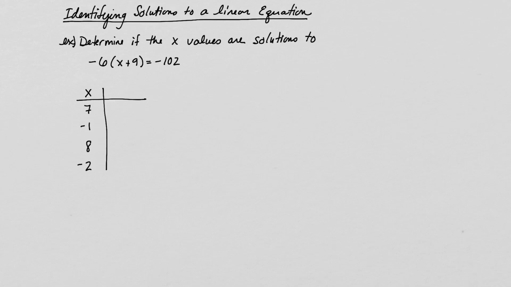So all we want to do is for each of these numbers, we want to take it and plug it in. To see if something's a solution, we plug it in and see if it works out.